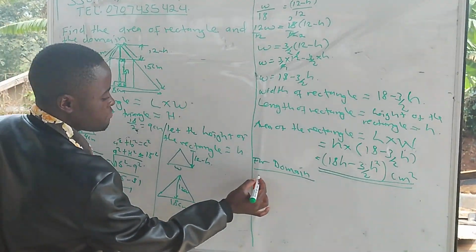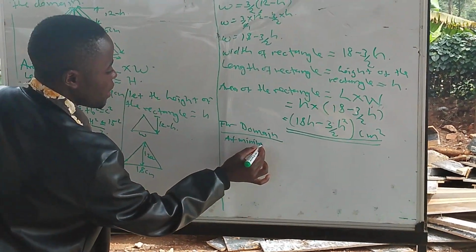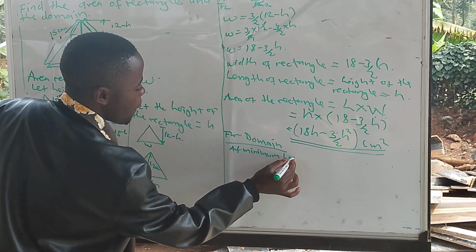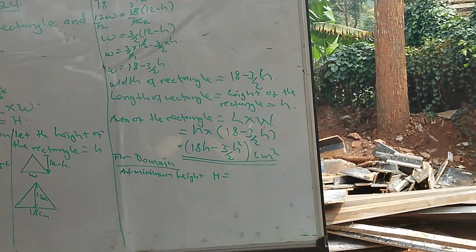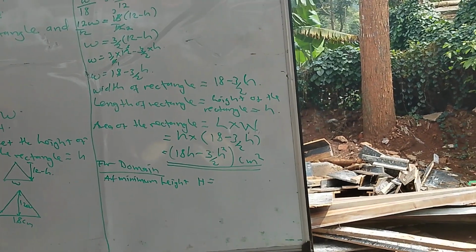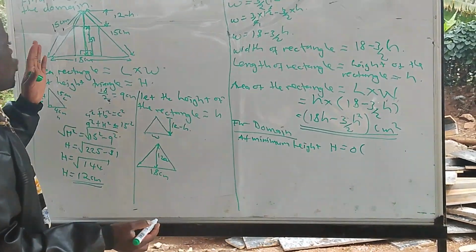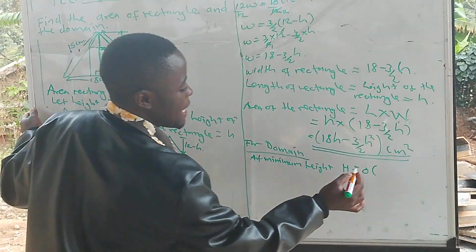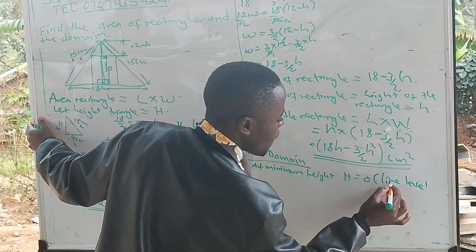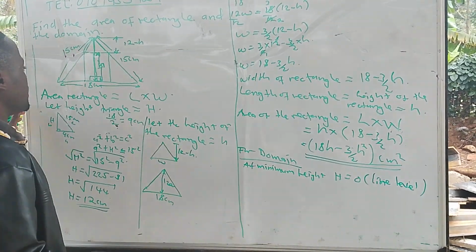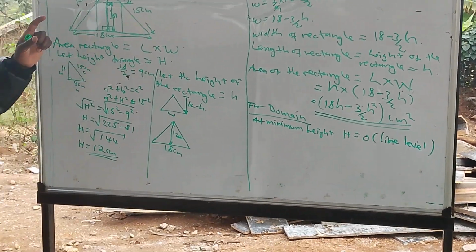So at minimum height, the height is 0. You can call it minimum height or ground level. At this point, we don't have any height, so the height is 0.